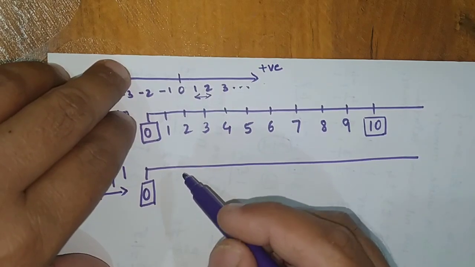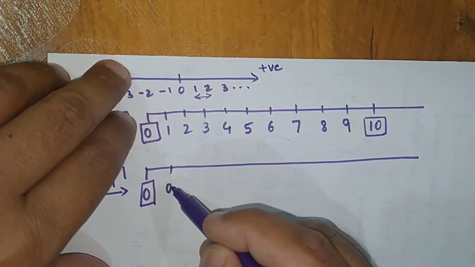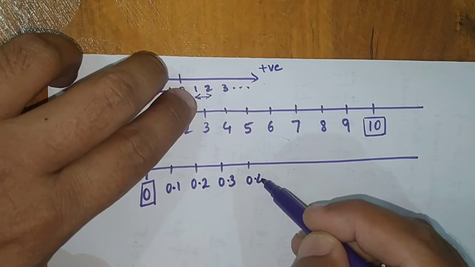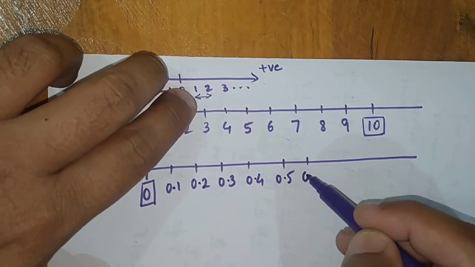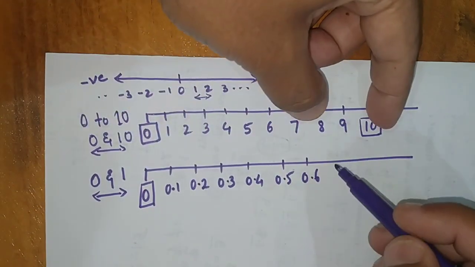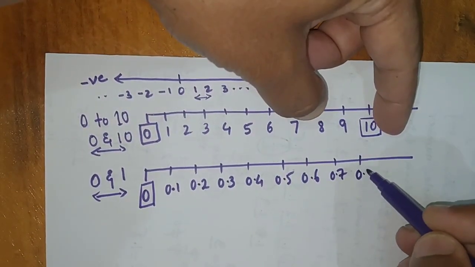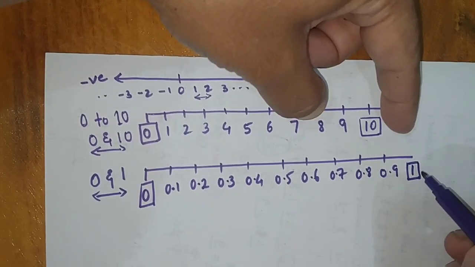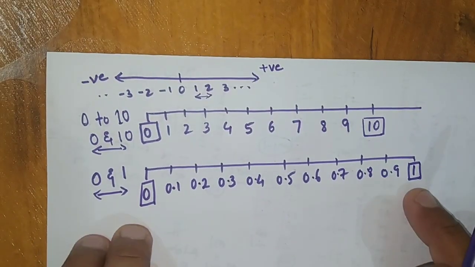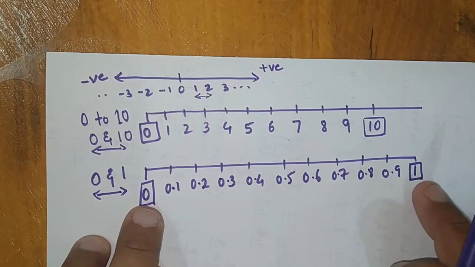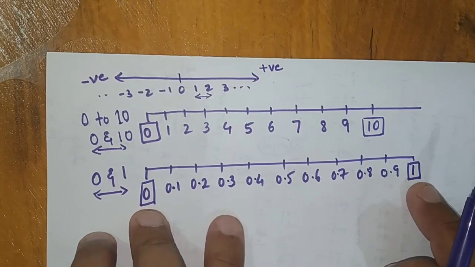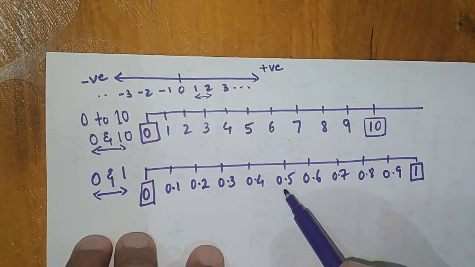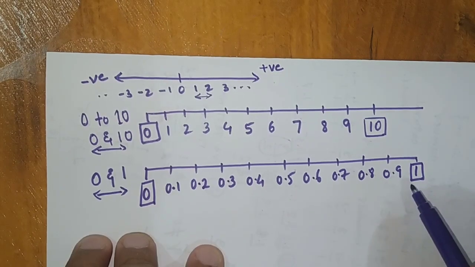Consider it as 0.1, 0.2, 0.3, 0.4, 0.5, 0.6, 0.7, 0.8, 0.9, and you will find 1 here. Numbers between 0 and 1 are 0.1, 0.2, 0.3, 0.4, 0.5, 0.6, 0.7, 0.8, 0.9.